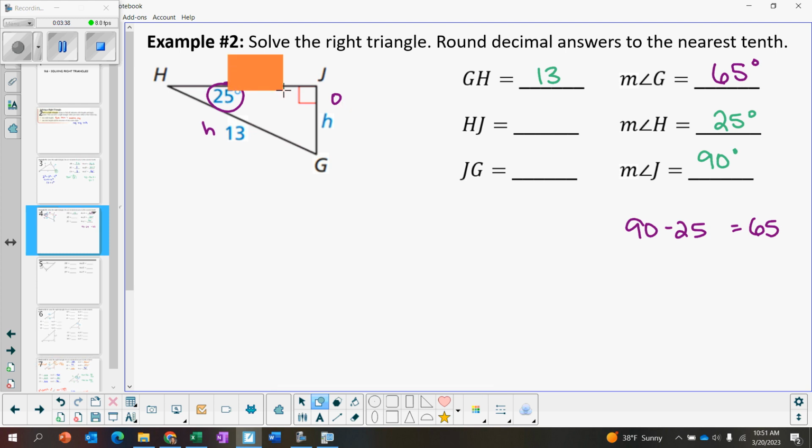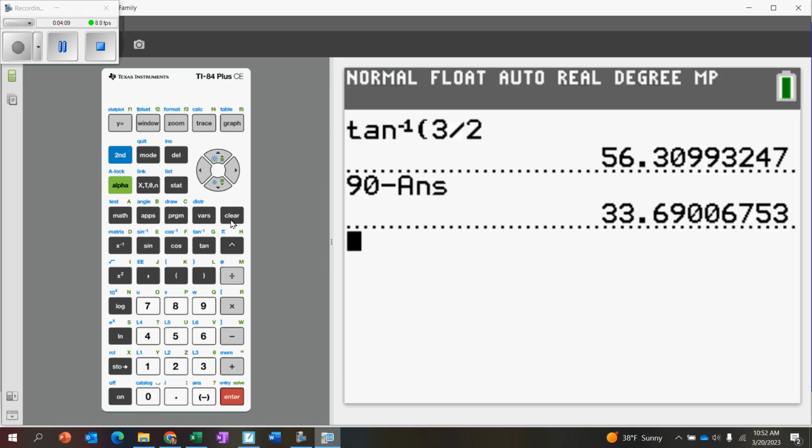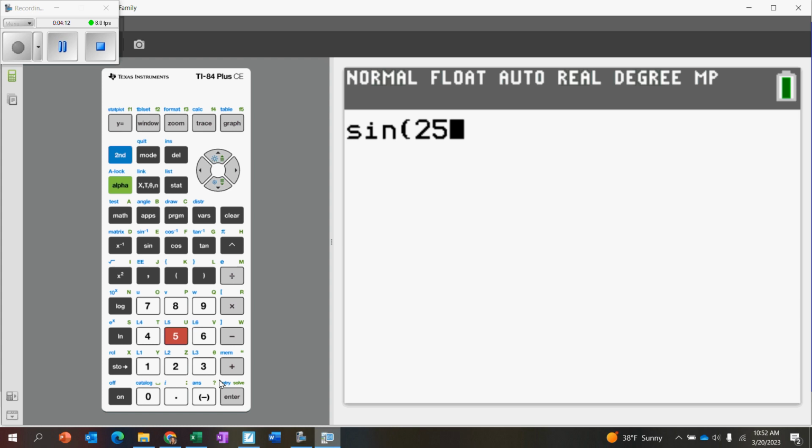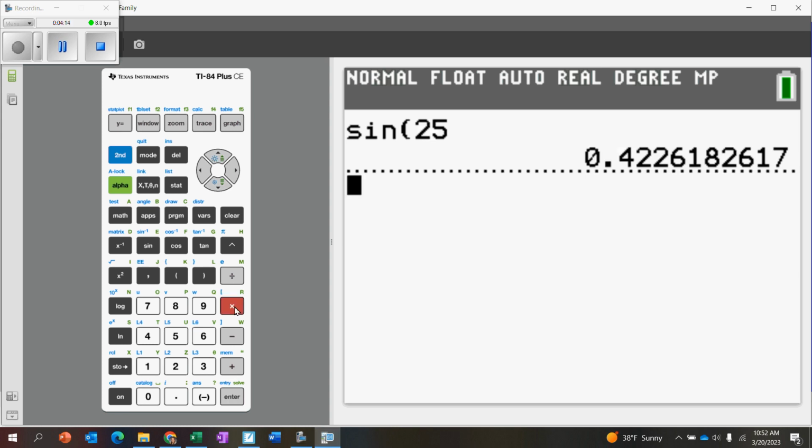I pretend that I'm looking at a problem when I have a variable. So looking at that, I'm going to set sine of 25 equals GJ over H, which of course means letter H, 13. So multiplying, I get GJ equals sine of 25 times 13.